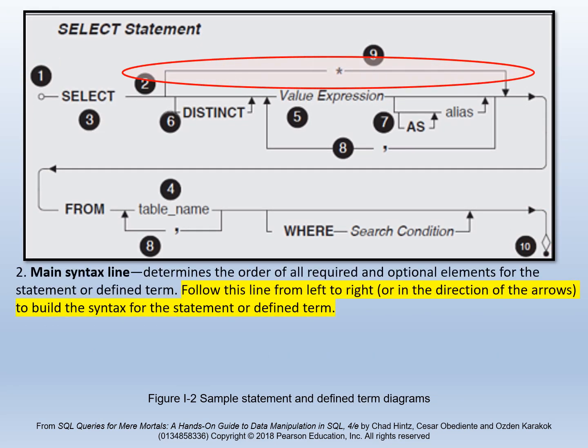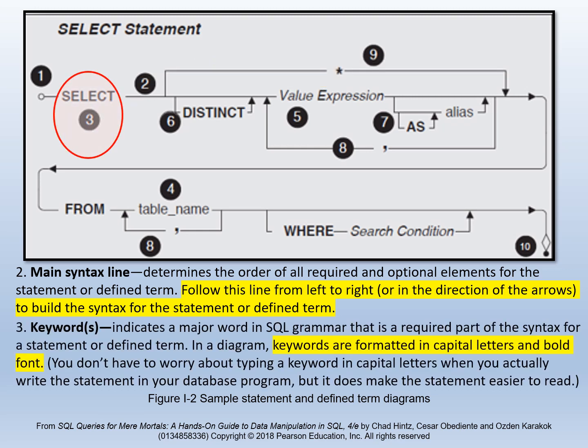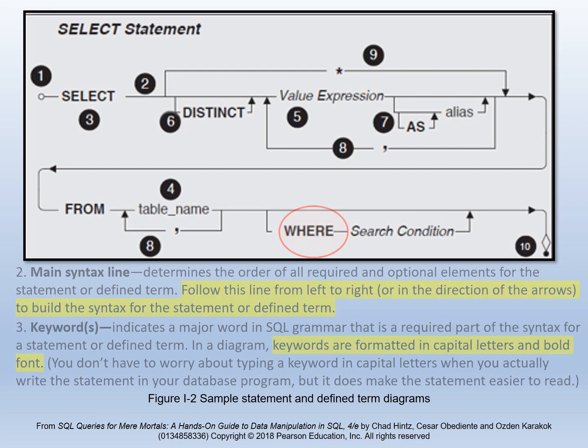The main line is used to order the optional elements of a statement or a defined term. It is best to read from left to right when understanding the ordering of the optional elements. Keywords are always formatted in uppercase lettering, as you can see here for select, from, distinct, where.